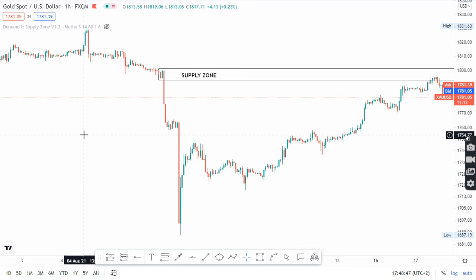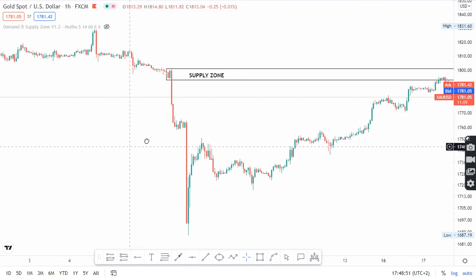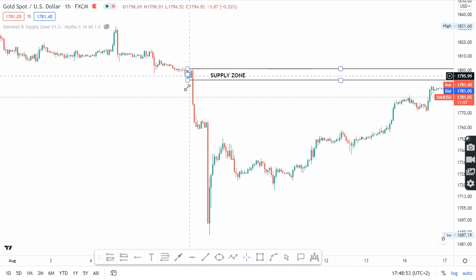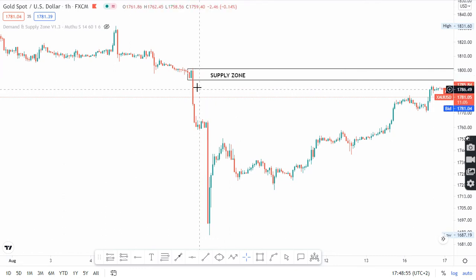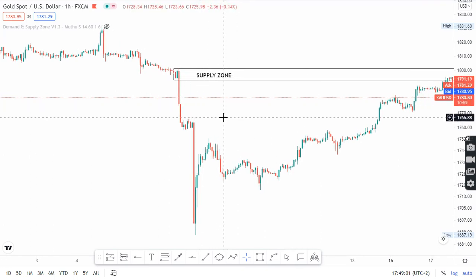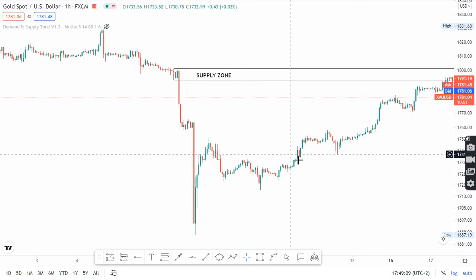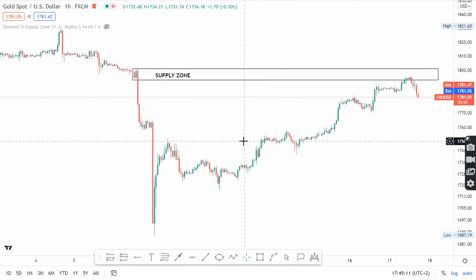Remember, the first question is how long did price stay at this level? If you look here, you realize that price dropped like crazy, very hard, and that takes our first odd enhancer, which is the move away from the zone.